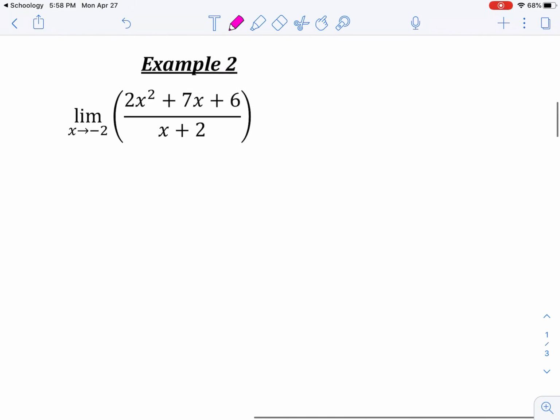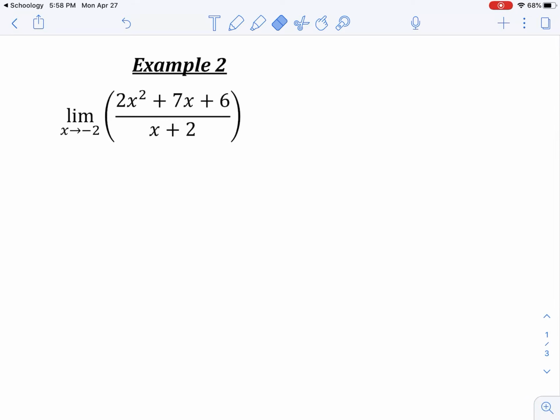All right, let's look at another one here. If I plug in -2 right now, I get a 0 in the denominator, so I can't use direct substitution right away. So I'm going to use the cancellation technique, aka I'm going to factor and simplify. So I have the limit as x approaches -2. Notice I keep writing that until I can plug in -2.